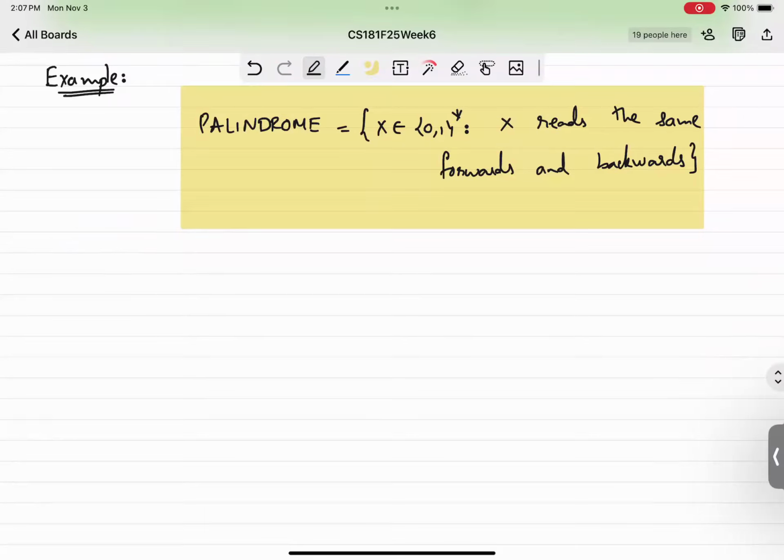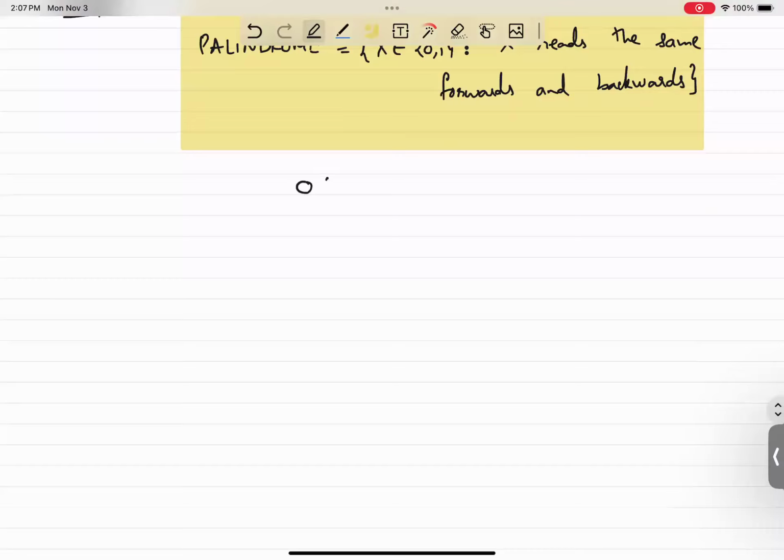It's really just about matching the first bit and the last bit, and the second bit and the second-to-last bit, and so on, right? So for example, 1, 0, 1, 0. Okay, this is a palindrome, right?